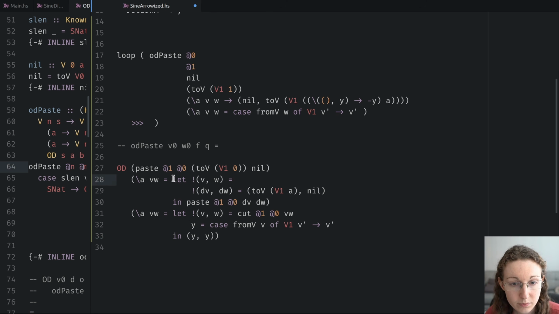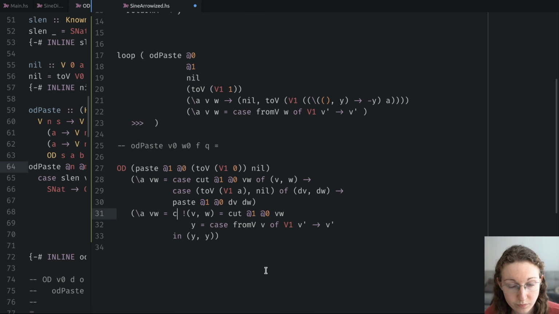So this cut here would be case cut of, and then a pair pattern, and then the right hand side, we're going to do the same thing here. I'm going to say case this expression of this, and we end up with this, and then I'm going to do the same thing here.